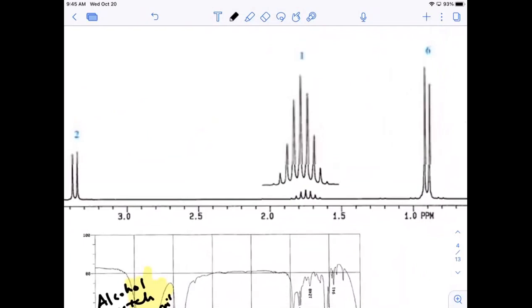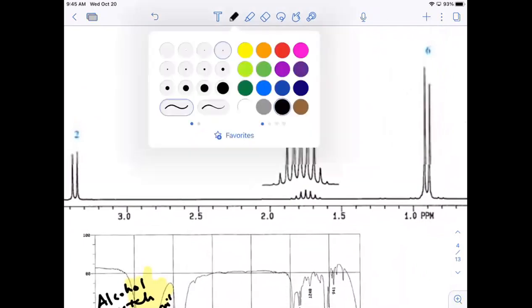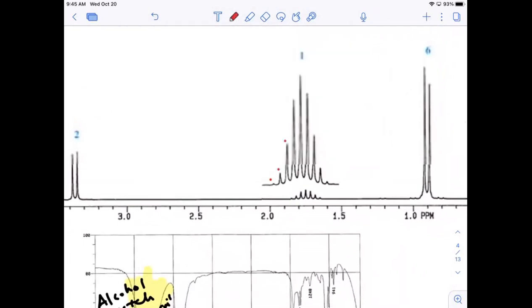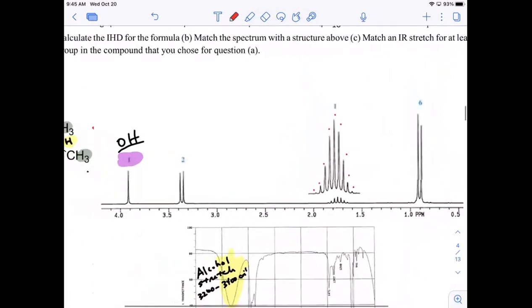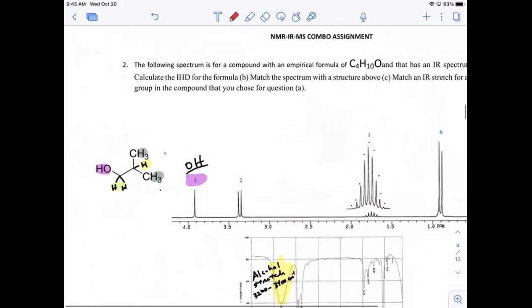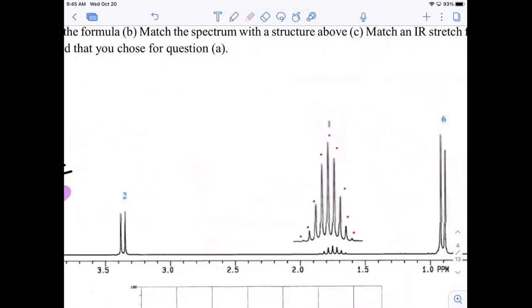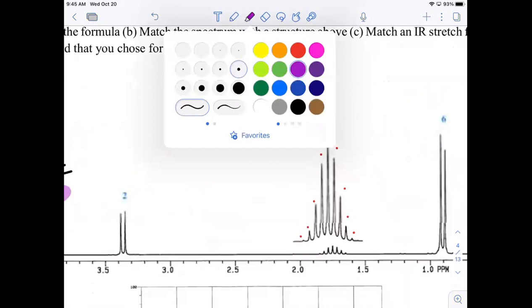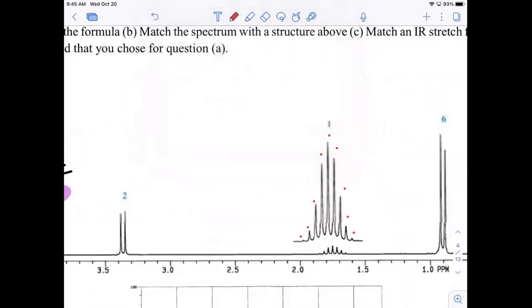It's split into 1, 2, 3, 4, 5, 6, 7, 8, 9 lines. Do you have a proton that matches that? What would that mean for that proton, which is integrating as 1? All right, so this is 1 hydrogen.